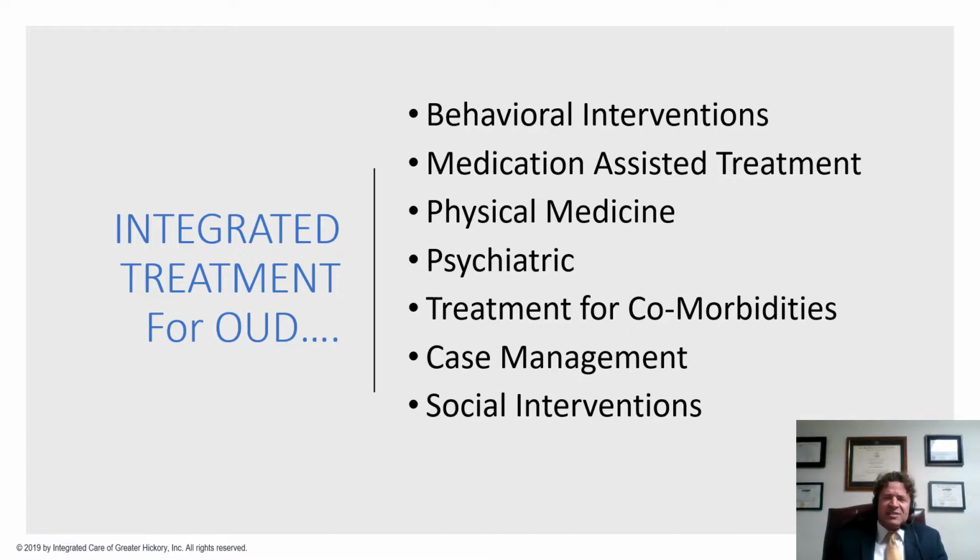Medication-assisted treatment, such as Suboxone and Vivitrol. We want to match the medication to the right individual where they are in treatment. Physical medicine, including the treatment of diabetes, hepatitis, and other conditions. Psychiatric, schizophrenia, bipolar, other types of psychiatric disorders, and when treated along with substance use disorder, you get much better outcomes.